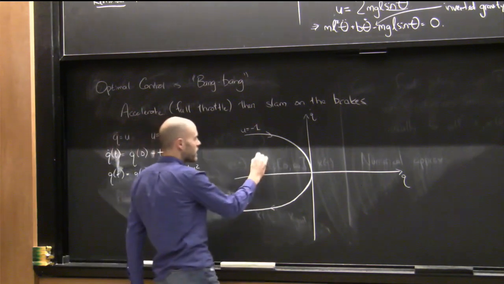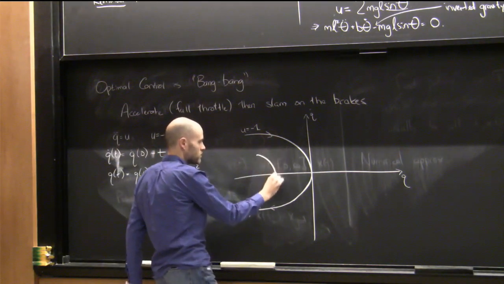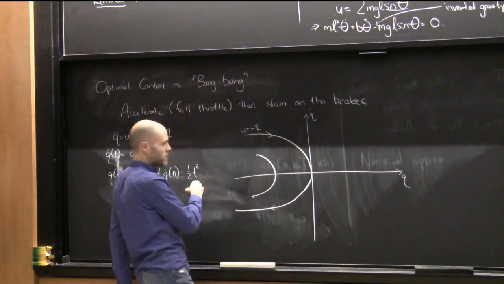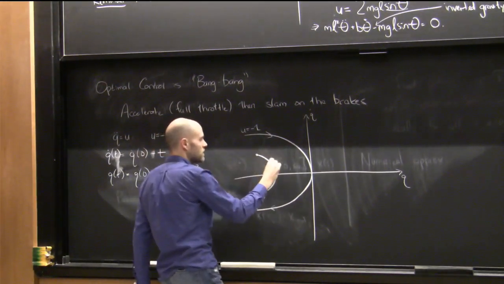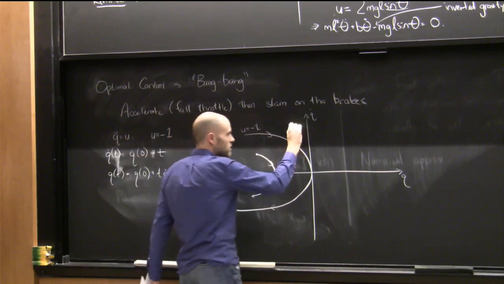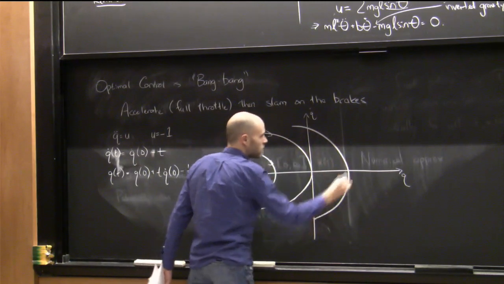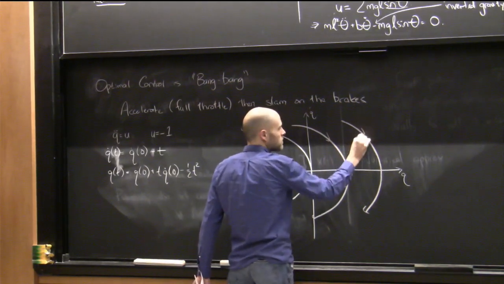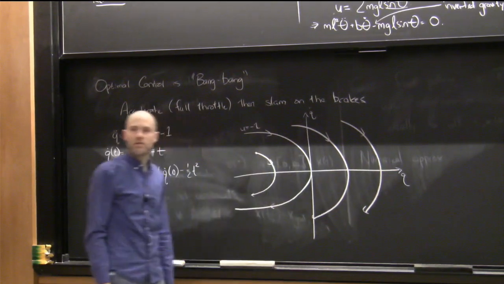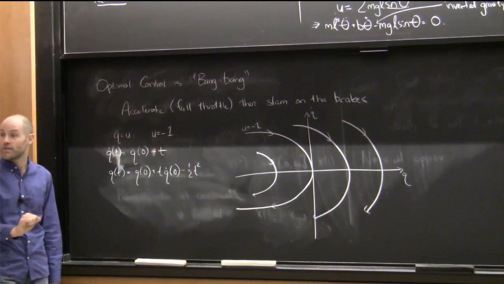And in fact, no matter where I start here, I'm going to have this parabolic solution. It's just a function of my initial conditions. So this is what the phase portrait of that system looks like when I've got u equals -1.